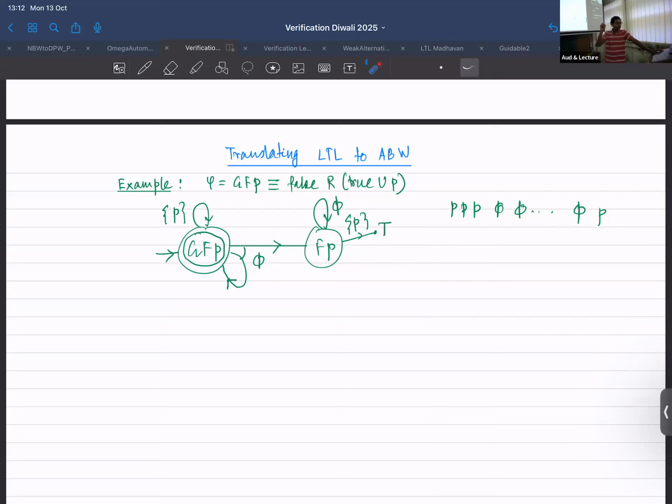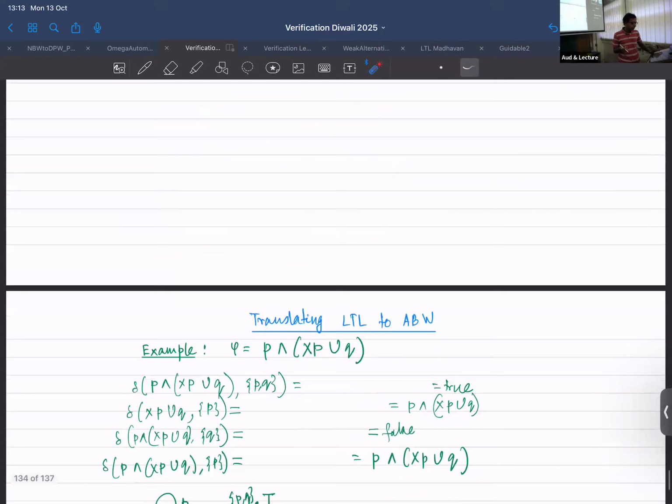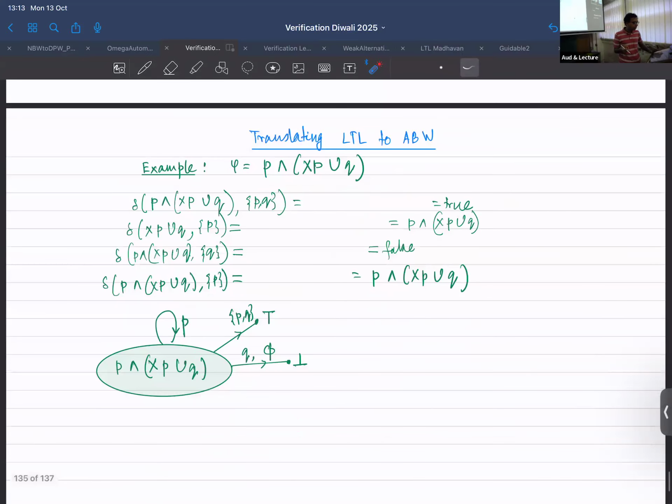If you see the p's infinitely often, then you will see that all the branches will be going to true. Okay. And there is one more example here, which is of this form: p and next p until q.